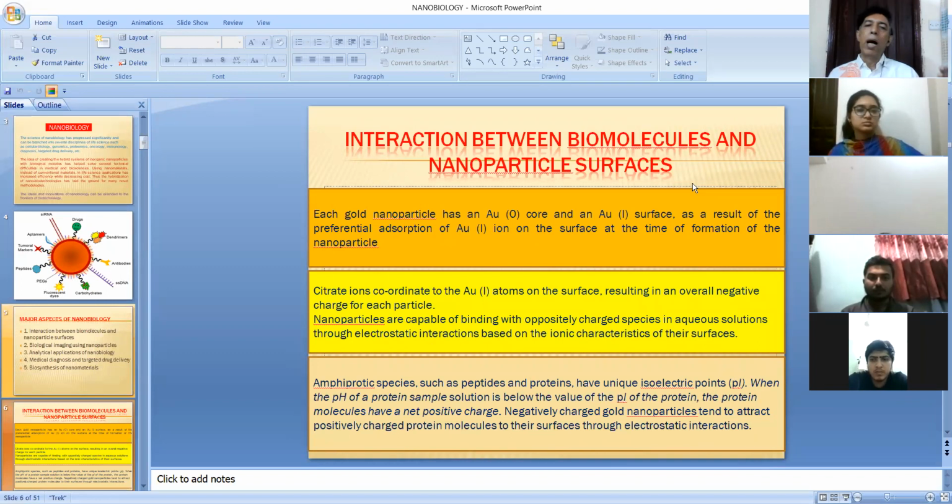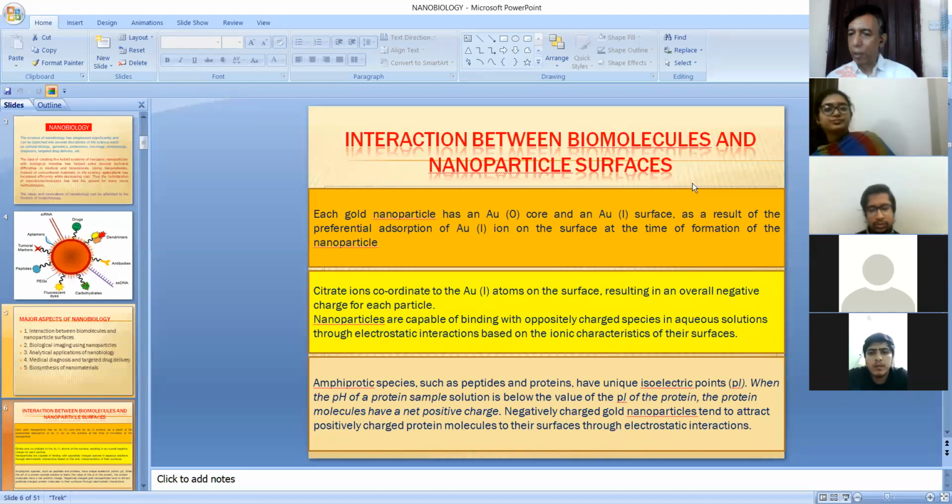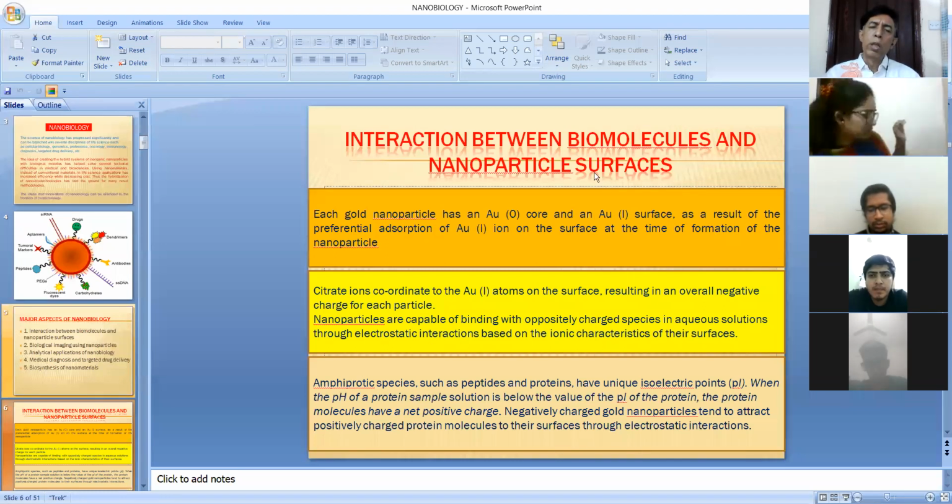Say, for example, iron or iron oxide is a very good biomaterial. It is biocompatible. Gold is very much biocompatible, and silver is also very much biocompatible. We generally take these three atoms as our nanobiomaterials to study.